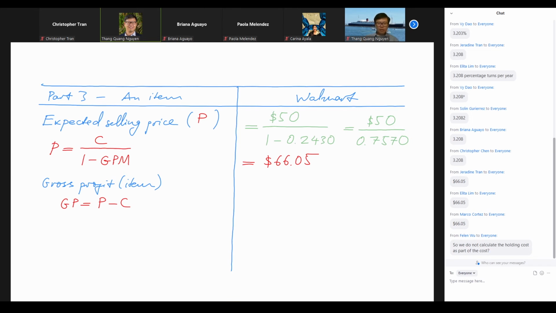So this one is easy. Let me work on this with you. We know that we expect to sell it at $66.05, and it costs $50 to acquire it, right? Then the gross profit of the item is going to be $16.05, right?